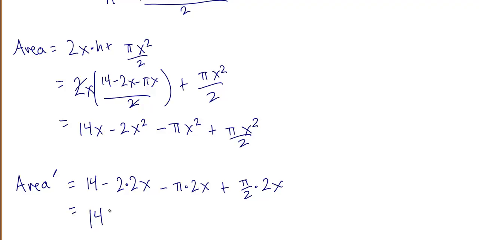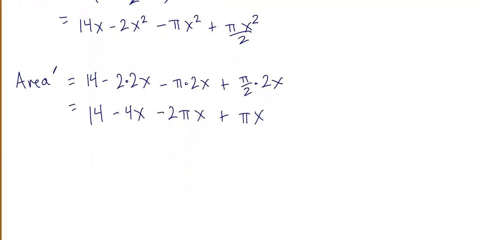So this is 14 minus 4x minus 2 pi x plus pi x. Set it equal to 0. So 0 equals 14 minus 4x minus 2 pi x plus pi x.